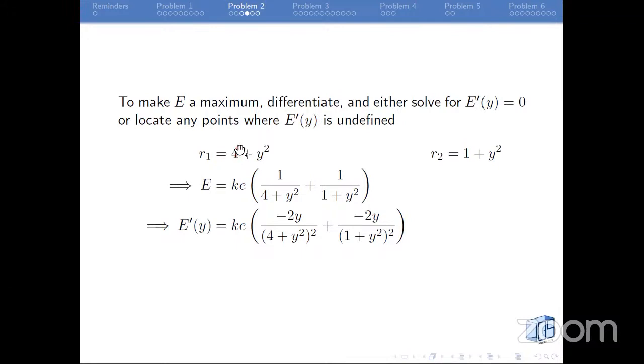So r sub 1 equals the square root of 4 plus y squared and r sub 2 is equal to the square root of 1 plus y squared. So bakit?